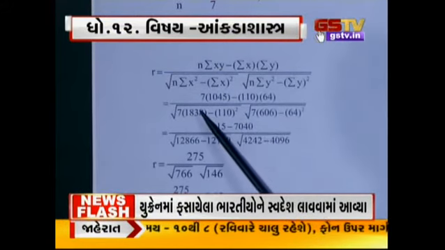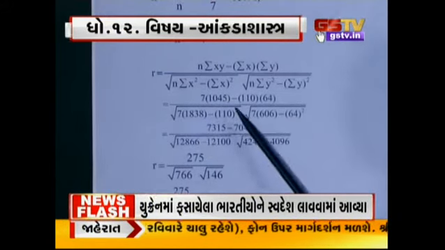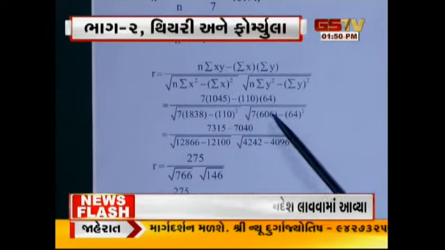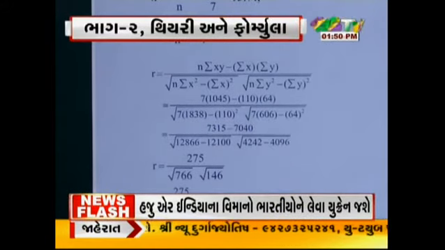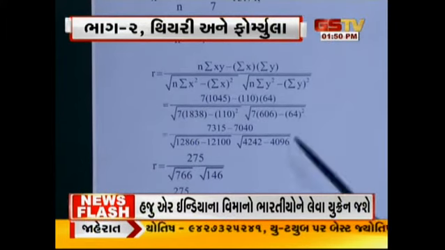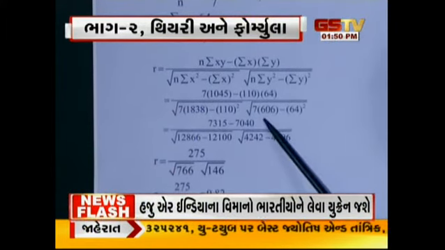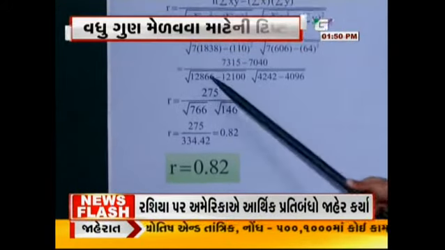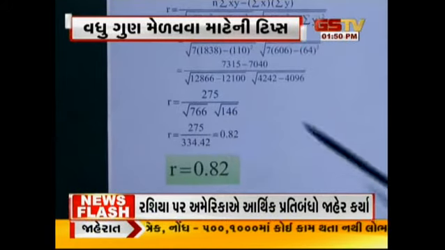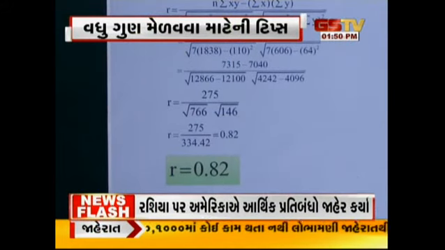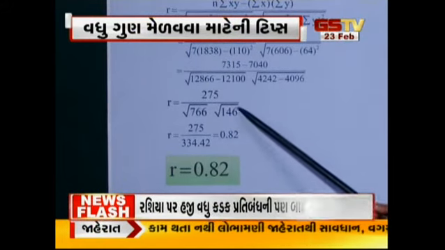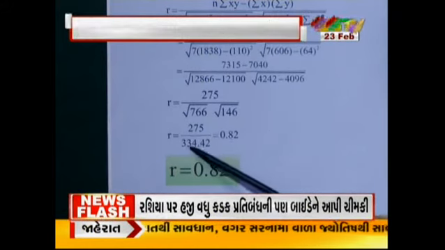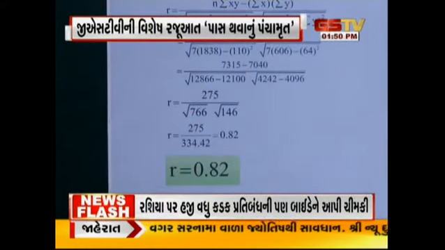Similarly, here these two are multiplied and we make the square of 110. Here 606 is multiplied with 7 and the square of 64. Deducting these two values, we get the answer 275, and here 766 and here 146. After multiplication and taking the under root, we get the value 334.42 in the denominator.